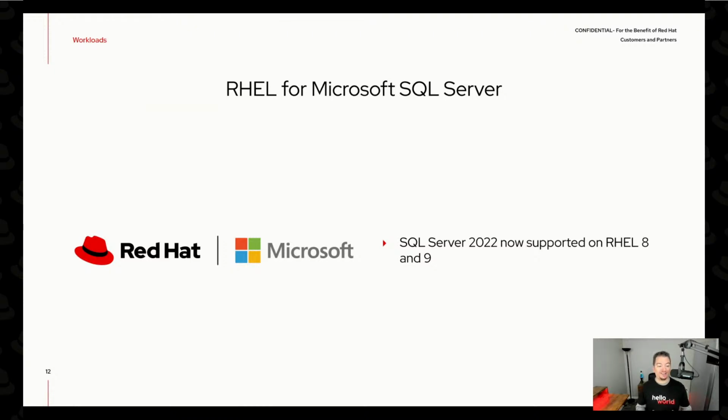That said, I'm really excited that our latest major versions, RHEL 8 and RHEL 9, are now supported with their latest version of SQL Server, which is 2022. And huge performance gains if you're running Microsoft SQL Server on RHEL. That's the beauty of the Linux kernel and all of its subsystems. So SQL Server 2022 is now supported on RHEL 8 and 9.